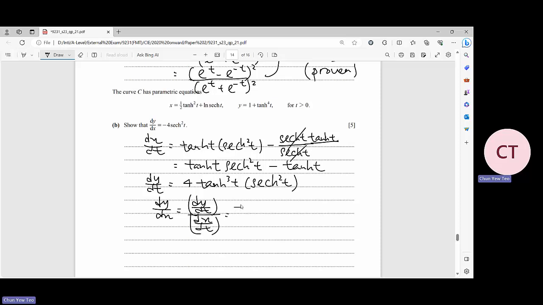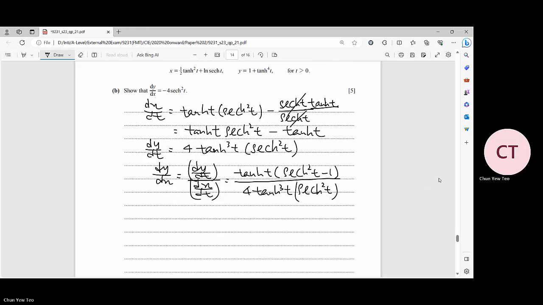I factorize the tanh out. Sorry, my apologies.